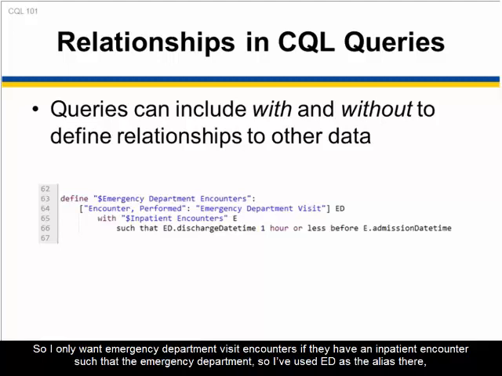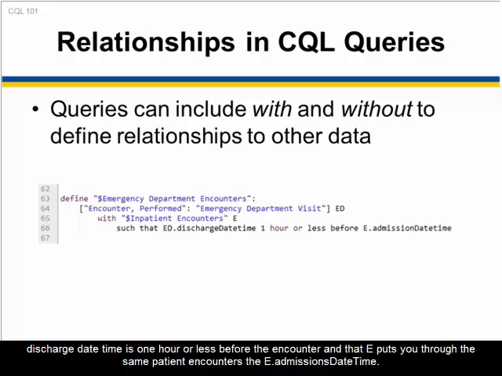So I only want emergency department visit encounters if they have an inpatient encounter such that the emergency department, I've used ED as the alias there, discharge date time is 1 hour or less before the inpatient encounter's E.admission date time.